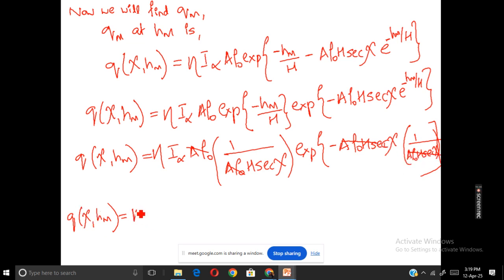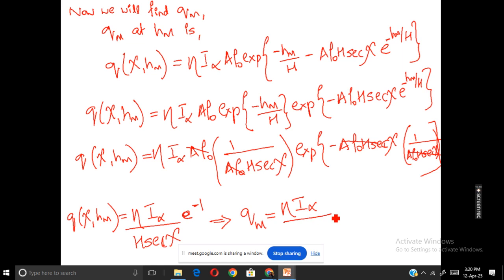So it will become η I infinity by H c χ into e^(−1).